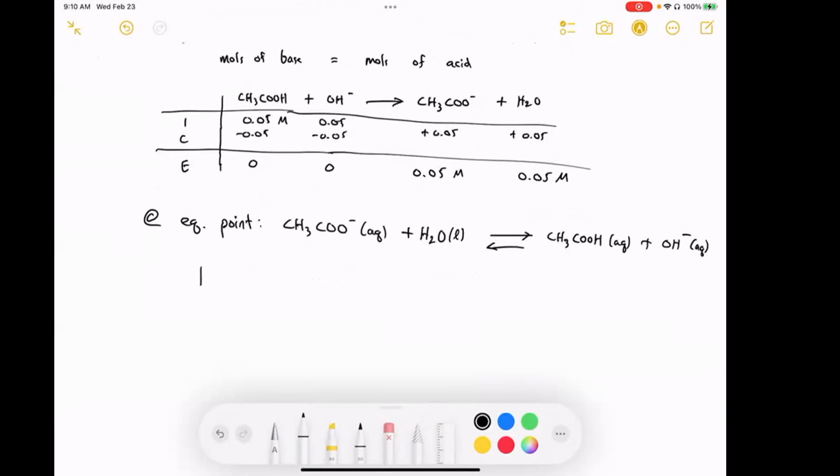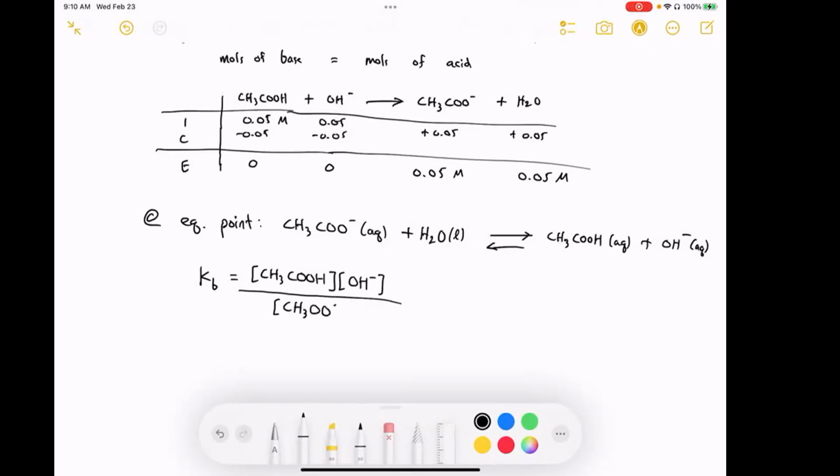So we can write Kb as my acid, HA, CH3COOH, the hydroxide ion, OH minus, and then we can use the expression here at the bottom for my concentration of acetate.